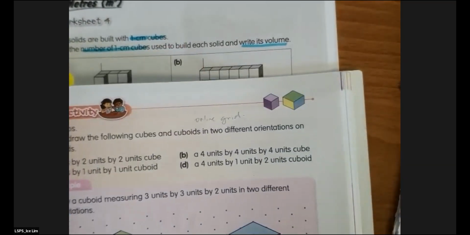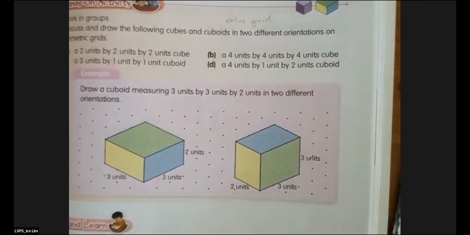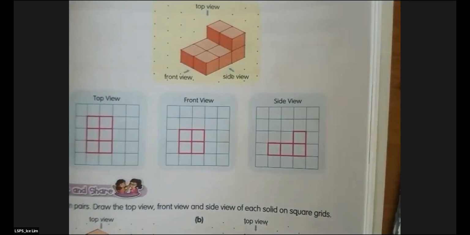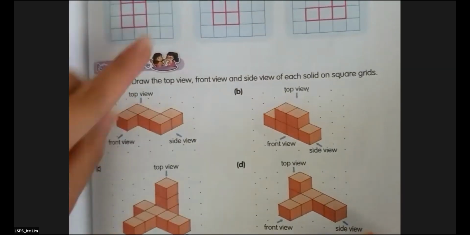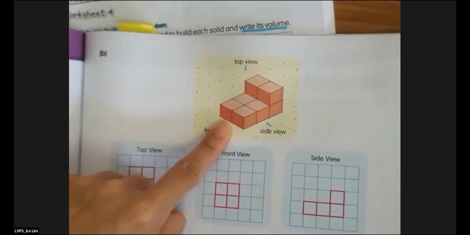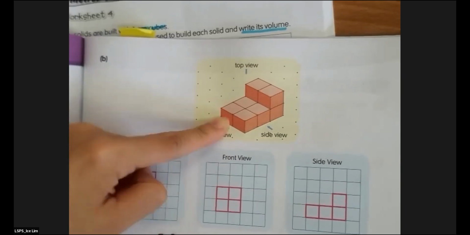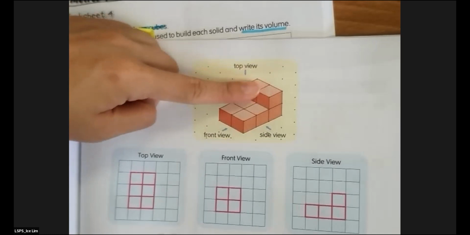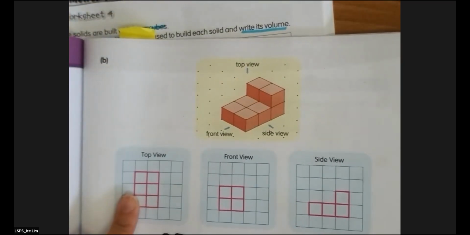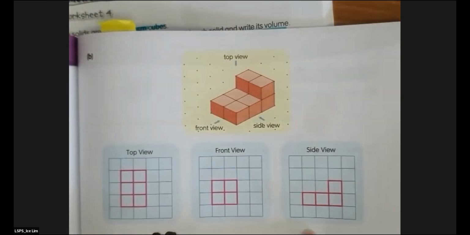Then we learn about faces. When I look at a building from different points of view, I stand in front of the building, I see this. I stand from the front, I look at it from the top, it looks like this. And then I stand at the side and look, it looks like this. Then I learn how to draw them myself.